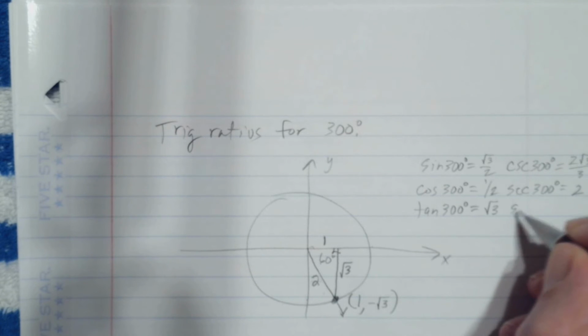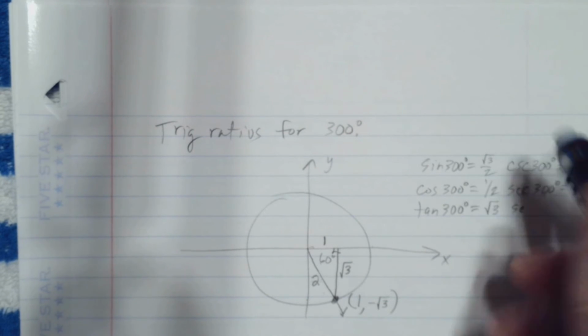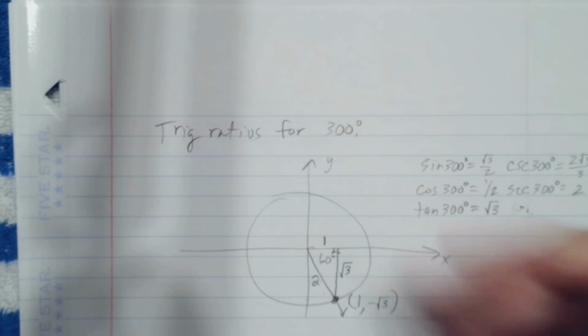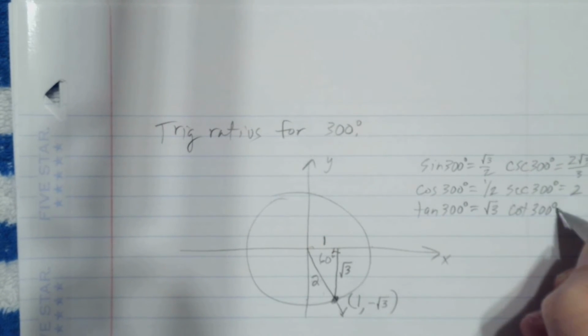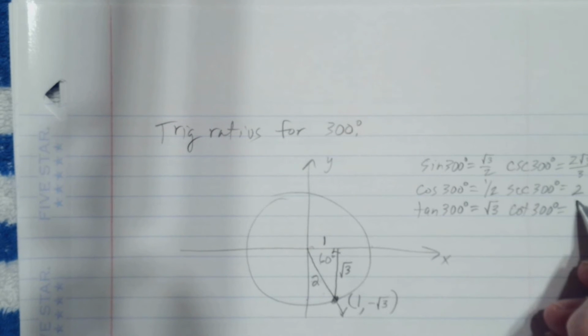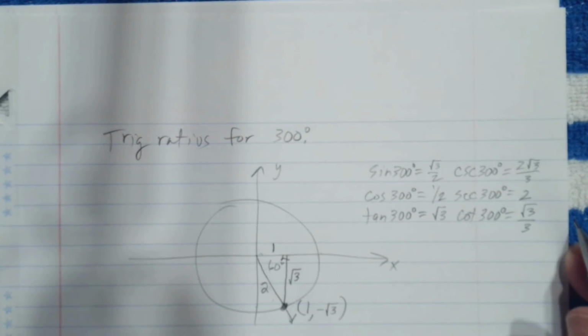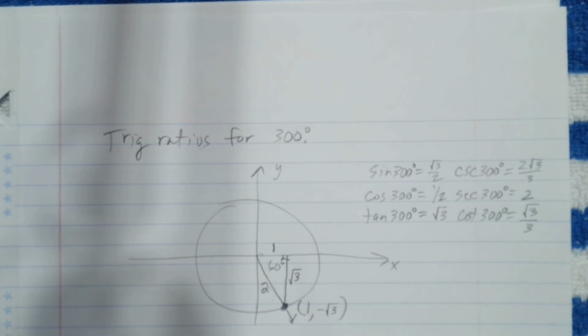And for cotangent of 300 degrees, it would be 1 over the square root of 3, which ends up being square root of 3 over 3 when you rationalize that denominator. Whoops, I'm sorry, I went off the grid there a little bit.